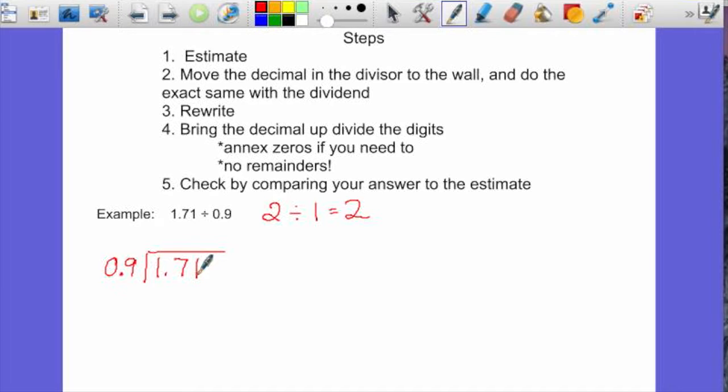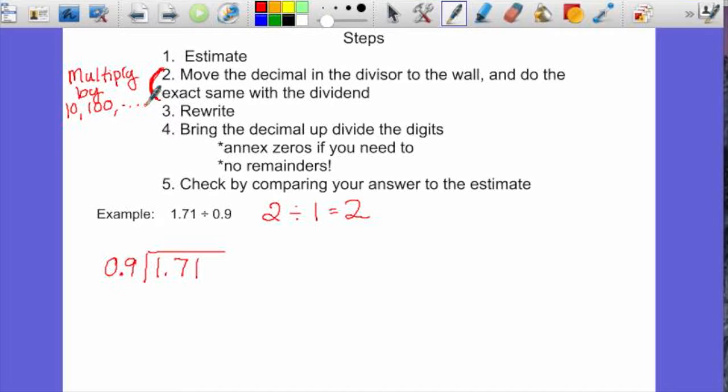And now we move the decimal to the divide. Step 2 is kind of tricky here, because what we're really doing is multiplying everything by 10 or 100 or whatever number you need.